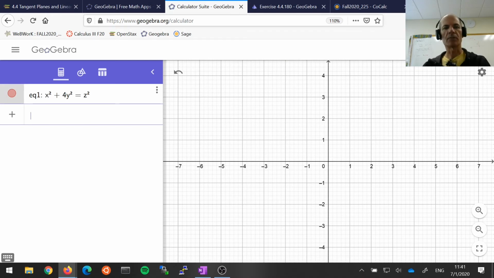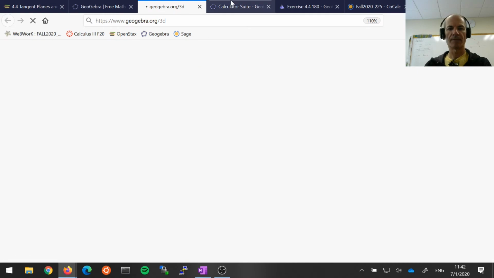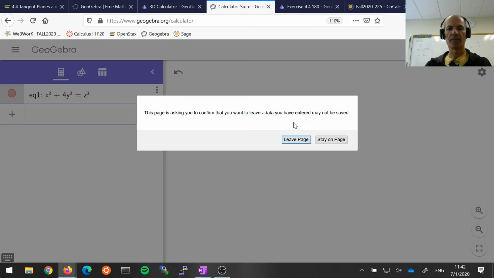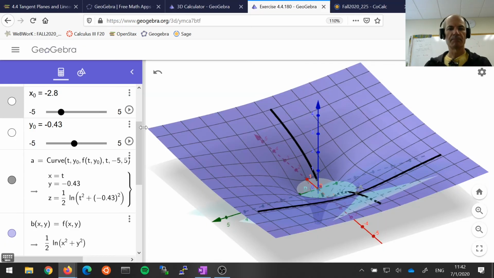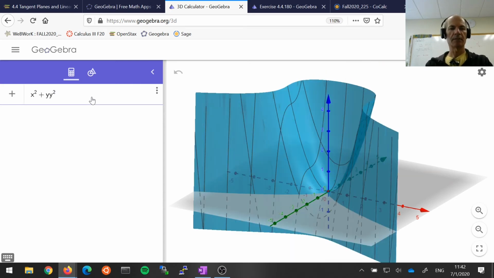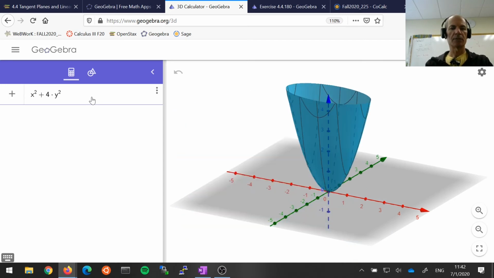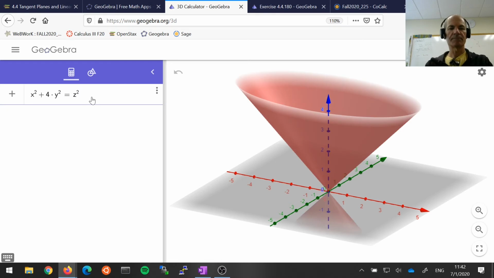Oops, I am in the wrong calculator. I want the 3D calculator. Here we go. x squared plus 4y squared equals z squared. This is an elliptic cone.